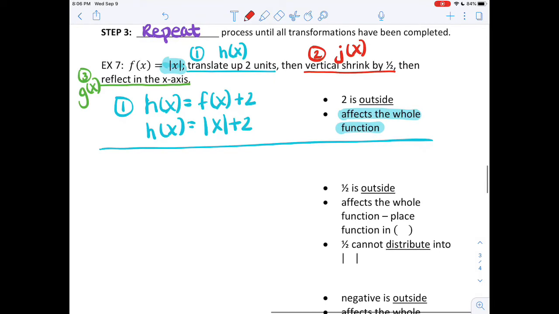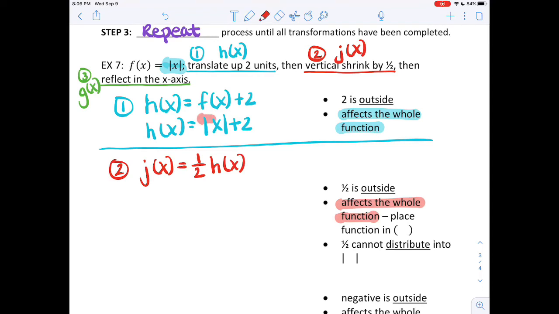Transformation number 2 now is going to be called j of x, recall from above. And so j of x is a vertical shrink by 1/2. So again, it's vertical, it's going to affect the whole function. So we are going to put that 1/2 shrink on the outside. So we're going to say that it's equal to 1/2 of h of x. Remember, it affects the entire function, so what is h of x? It's absolute value of x plus 2.